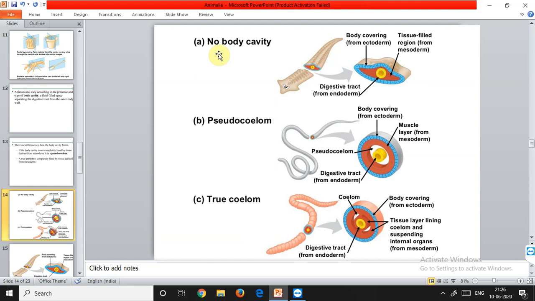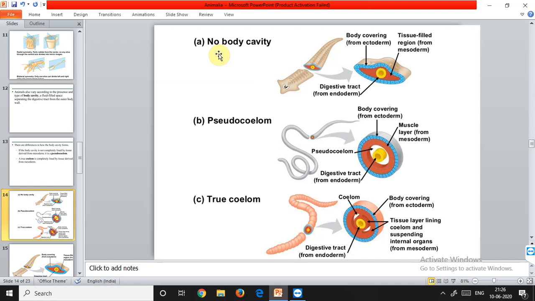On the basis of the development of this coelom, the division is again there: the pseudocoelom as well as the true coelom. So in the pseudocoelom, what happens? The pseudocoelom arises from the blastocoel. What is blastocoel? I told you the division starts from morula. Morula is the lowest stage.